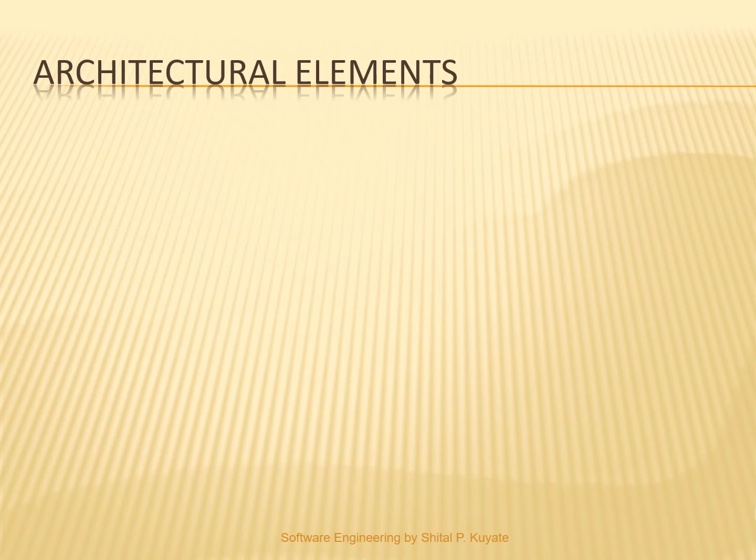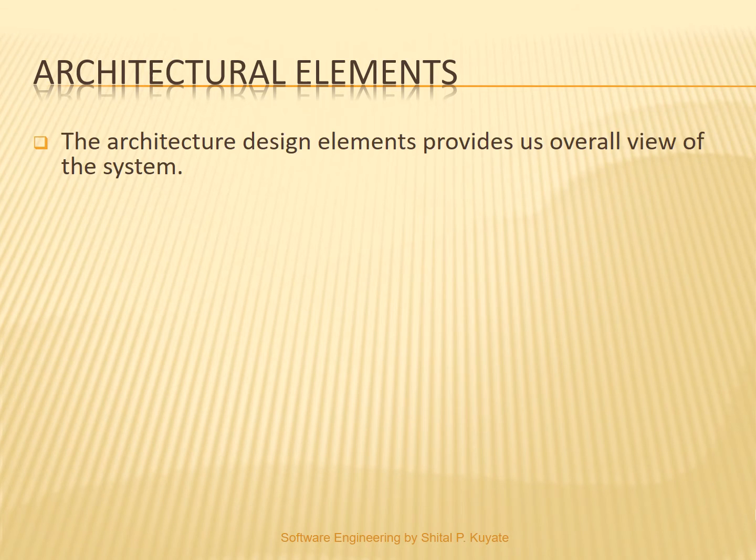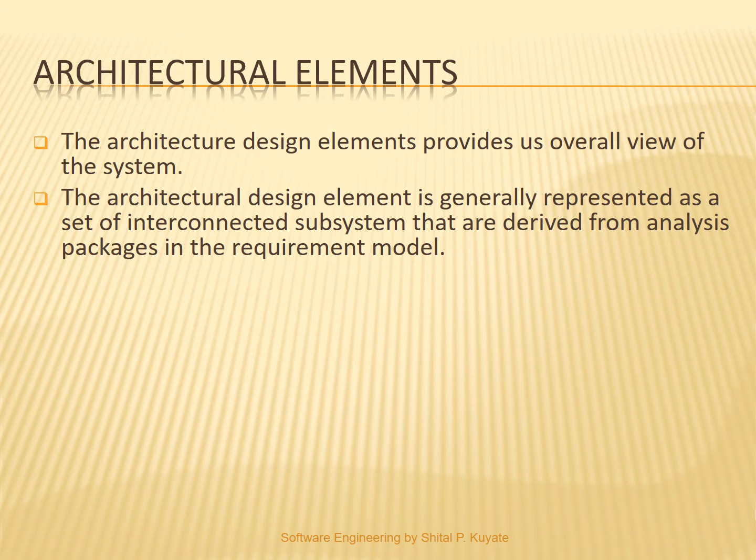Let's have a look at the second element of the design model, the architectural elements. The architectural design elements provide us an overall view of the system. The architectural design element is generally represented as a set of interconnected subsystems that are derived from analysis packages in the requirement model. Basically, the architectural design defines the relationship between major structural elements of the software.